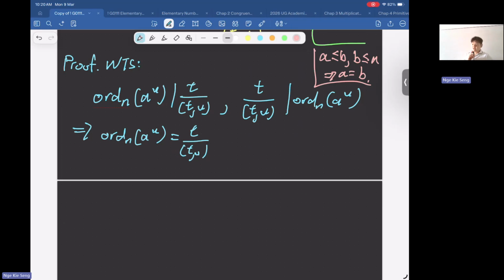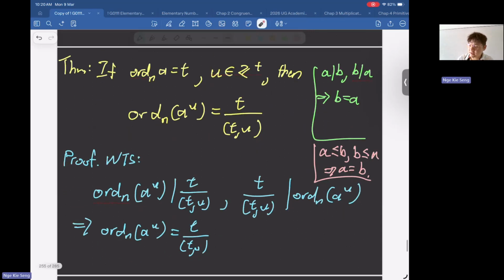Okay, how to show the first two here? So what to do here? Obviously, we have to use our condition here. We need to know about the order of A is T. Order of A is T means what?